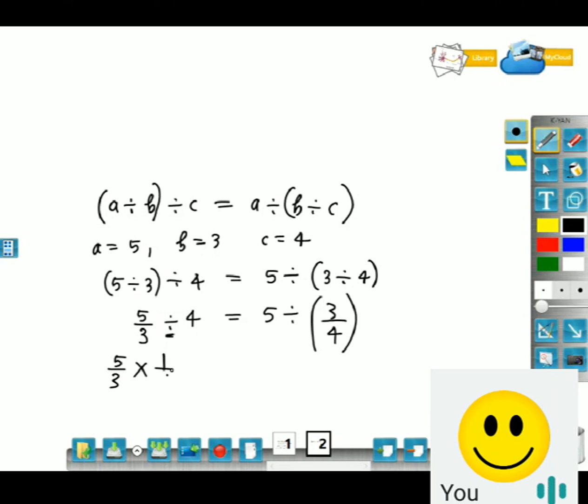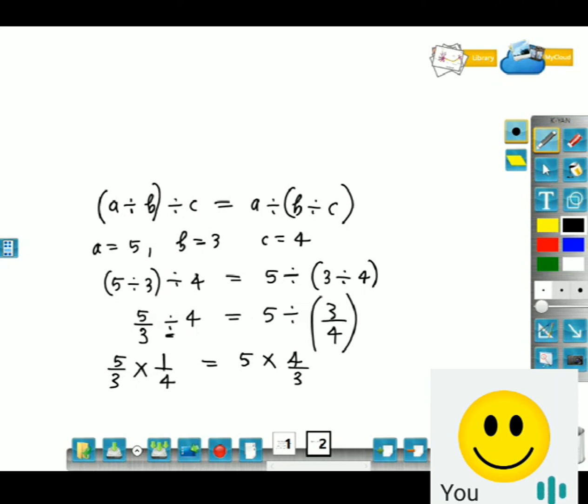It will be 1 by 4, so 5 by 3 times 1 by 4. On the right side, 5 and the division sign we convert into multiplication sign, and we have to take the reciprocal of 3 by 4. What is the reciprocal of 3 by 4? It will be 4 by 3. Now multiplication we already know: numerators multiply with numerators and denominators multiply with denominators.